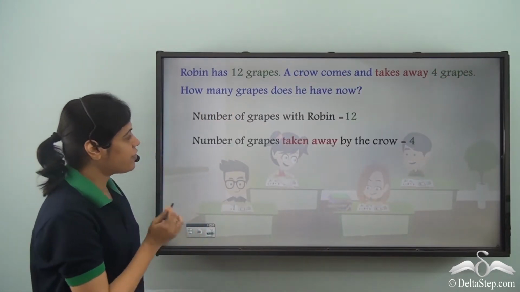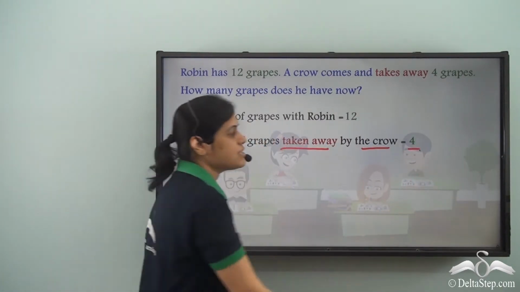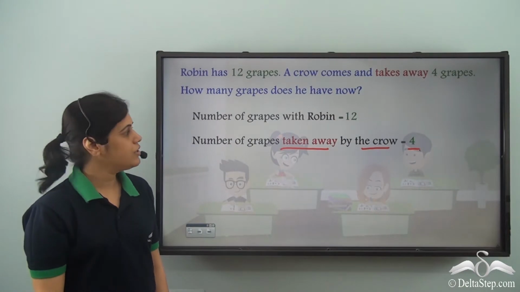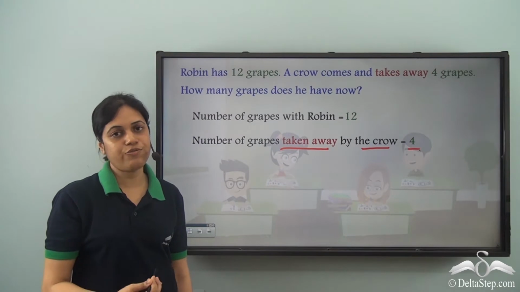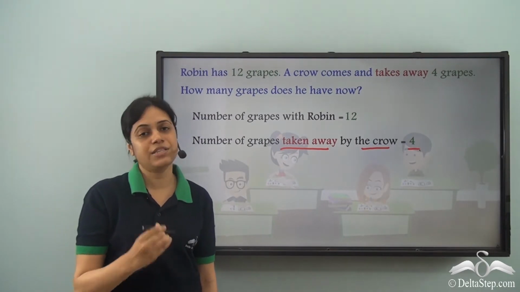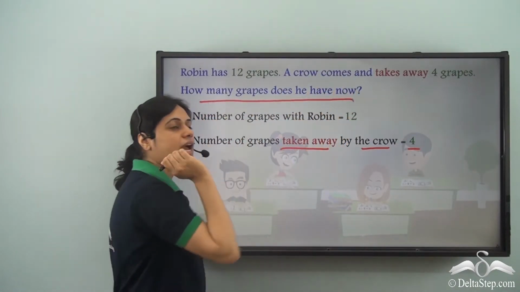So the number of grapes taken away by the crow is equal to 4. Now we will write what we need to find or what is asked in the word problem. So we find how many grapes does he have now.